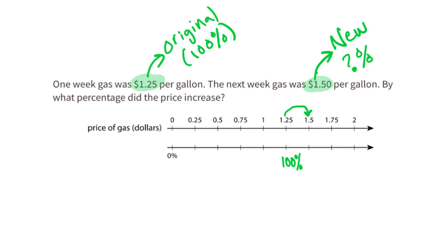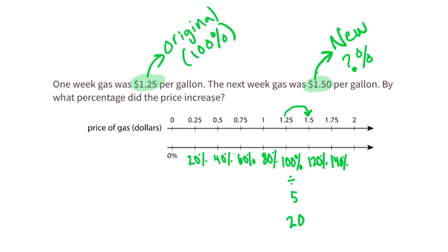So if we look at our increments, we have 1, 2, 3, 4, 5 increments. So we're going to take 100 divided by 5, which is 20. That means each increment is 20%. So I'm going to write those in. 80%, and then if we keep going, we get 100%, then 120%, 140%.